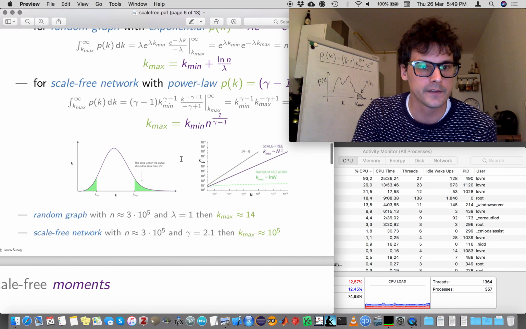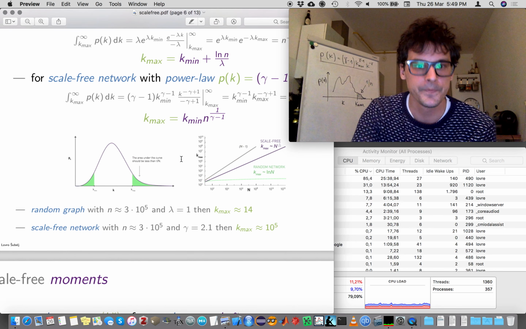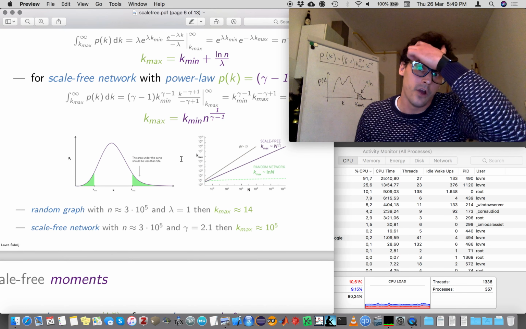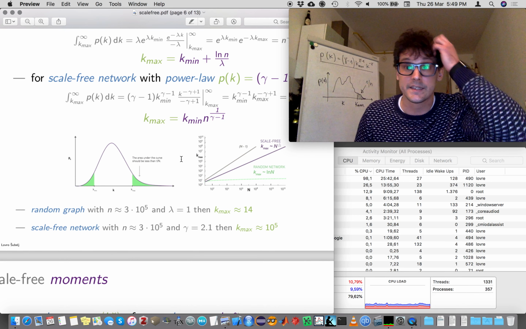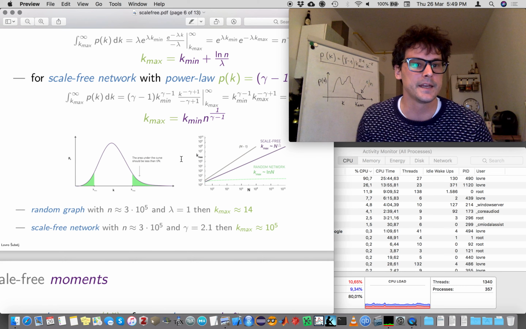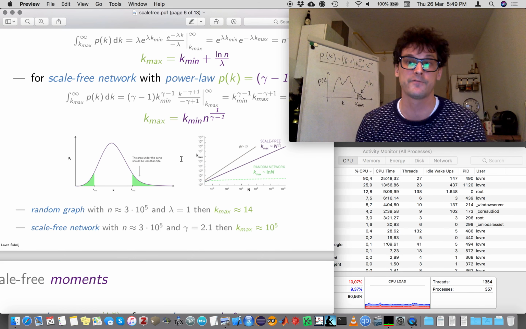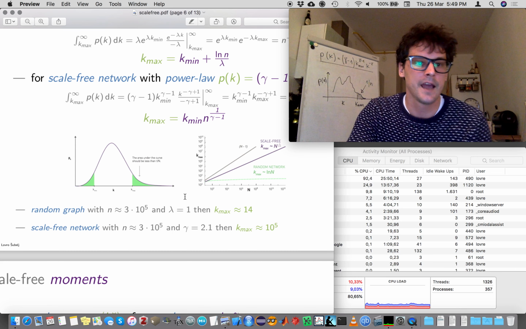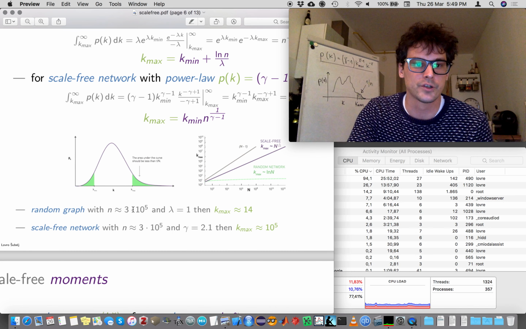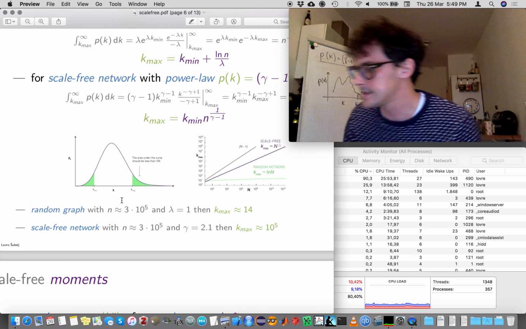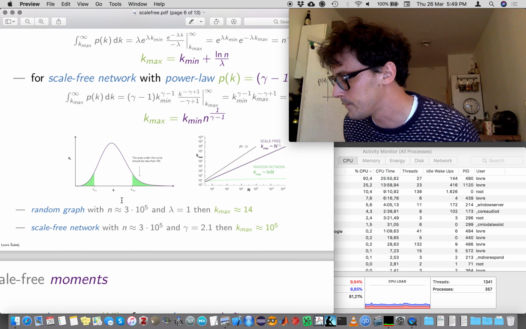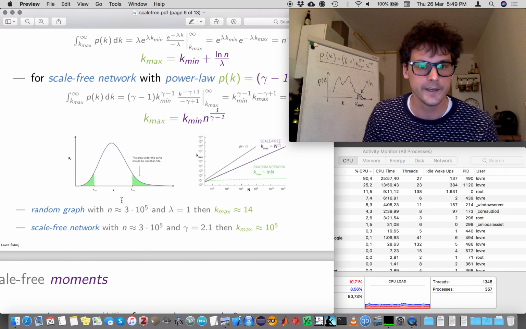To again look at an example, what is the size of the largest hub, or what is the maximum degree in the snapshot of World Wide Web from '99 that had around 300,000 nodes. The exact number is 325,000 and some change.